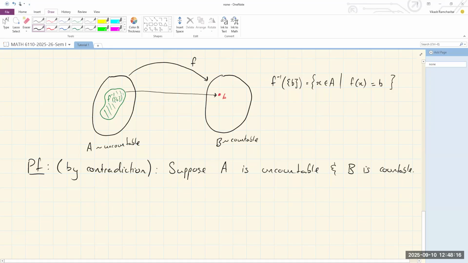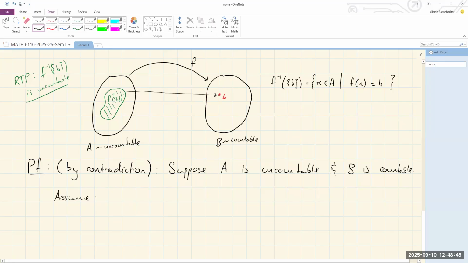So what do I want to show? Required to prove that this set, the pre-image of b, is uncountable. That's what I need to prove. But it's a proof by contradiction, so I'm going to assume the negation of that.